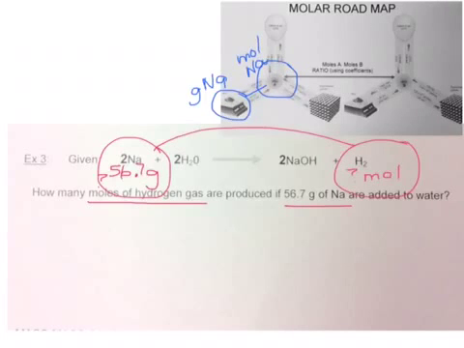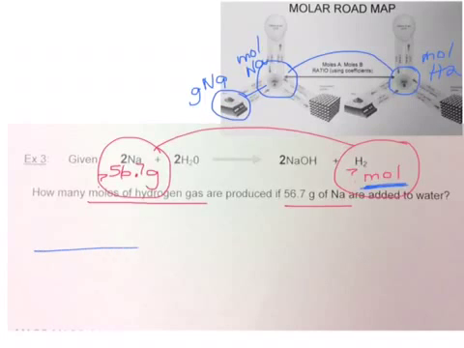I can go up to liters of sodium, down to molecules or atoms of sodium, or I can go over to a new chemical. Well, indeed, they wanted us to switch chemicals, so we are going to hoof it over here, to moles of our new chemical, which was hydrogen. And we're going to stop because they asked us for moles. So again, it's 3 steps, but just in a different order.